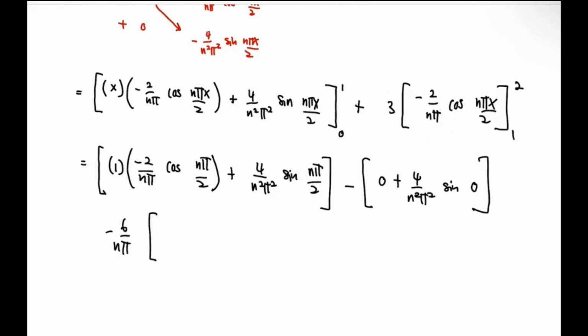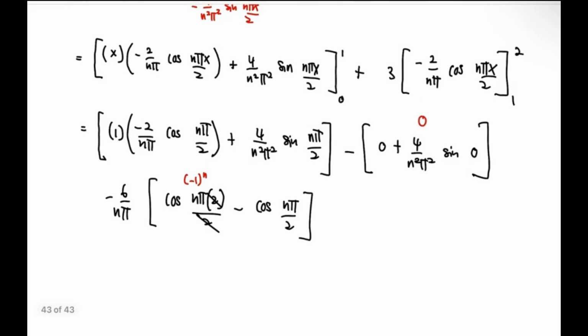So this should be simpler if I can put all the coefficients outside. So the one inside will be cos n pi, substitute 2 over 2, minus cos n pi over 2. So 2 divided by 2, this one should be negative 1 to the power of n. This one will go to 0.